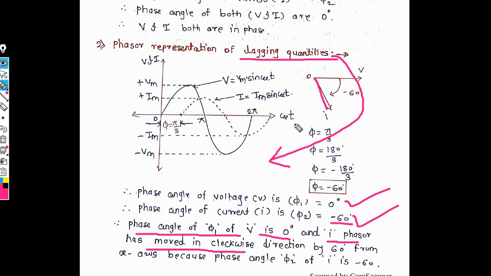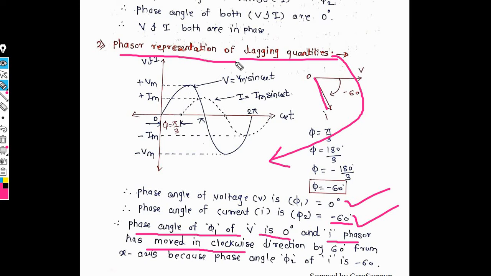This concept is called the phasor representation of a lagging quantity. In the voltage and current phasor waveform, the current phasor will move in clockwise direction. It's called the phasor representation of a lagging quantity.